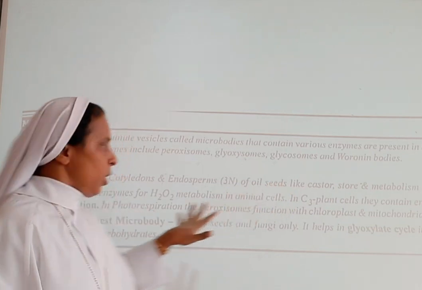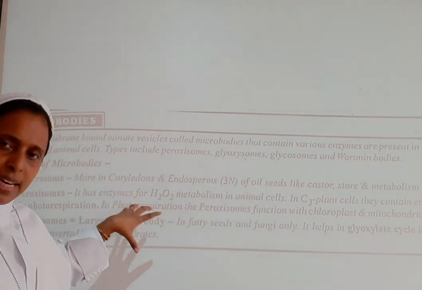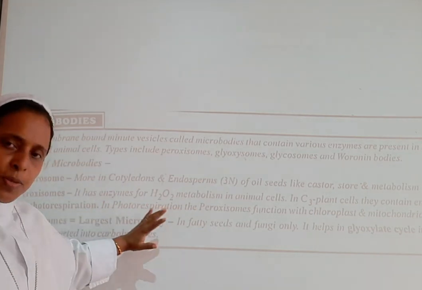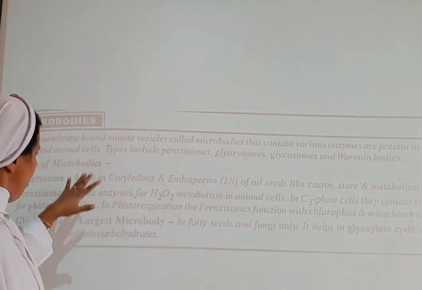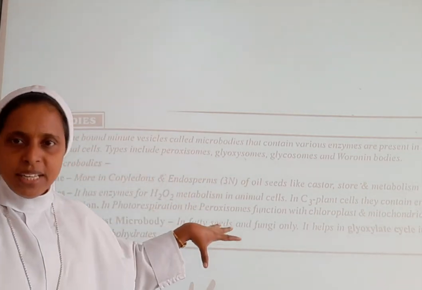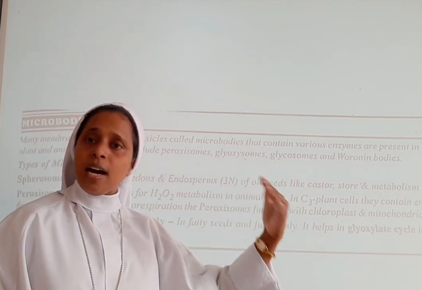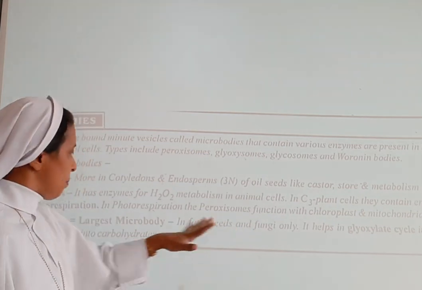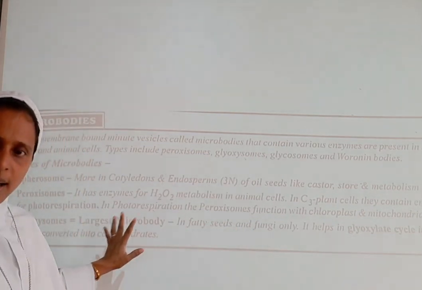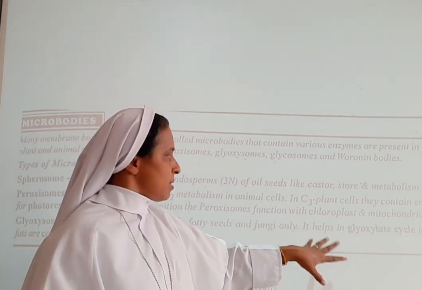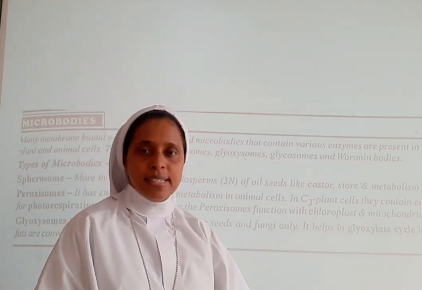Peroxisome has enzymes, functions in metabolism, helps in photorespiration and in beta oxidation of fatty acids. Then the glyoxysomes, the largest microbody, present only in fatty seeds and fungi, help in the glyoxylate cycle.